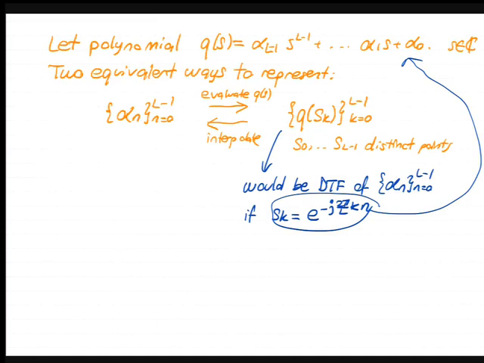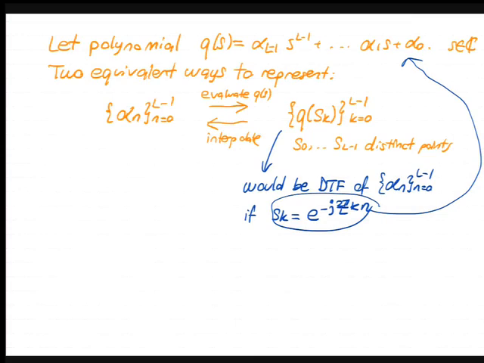But if I select my points this way, I'm talking about the exact DFT, right? So that's a way of looking at polynomial coefficients as if they're a signal, and the DFT is like evaluations of the polynomial at distinct points. That gives you a little more sense about the DFT.